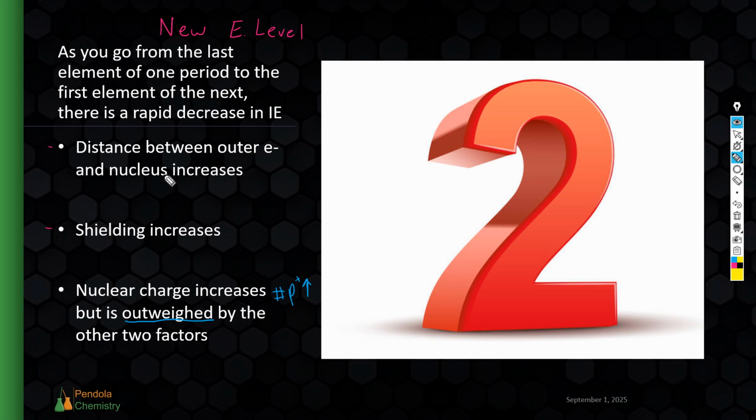Because we have more distance, which weakens the attraction, we're going to have overall less attraction between those valence electrons and the protons in the nucleus. Because there's less attraction, it takes less energy to remove them, and therefore we get a weaker, or smaller, first ionization energy. So that's number 2.